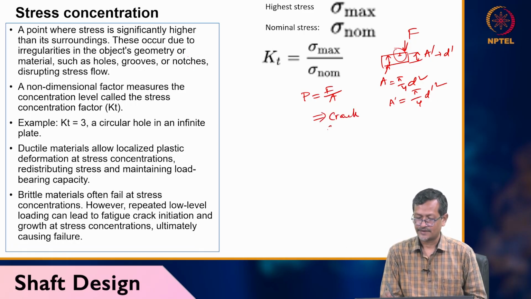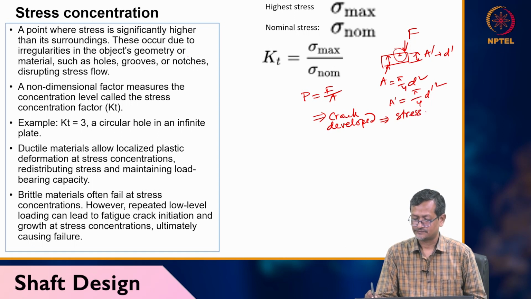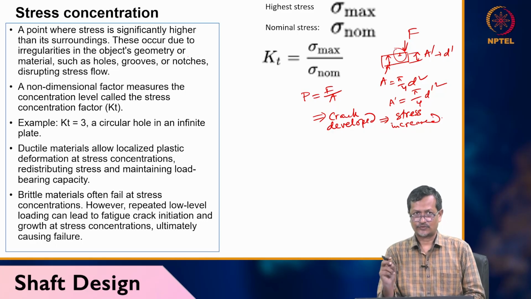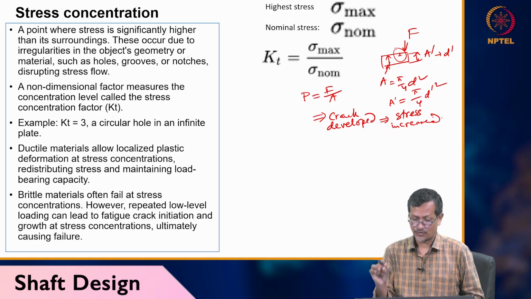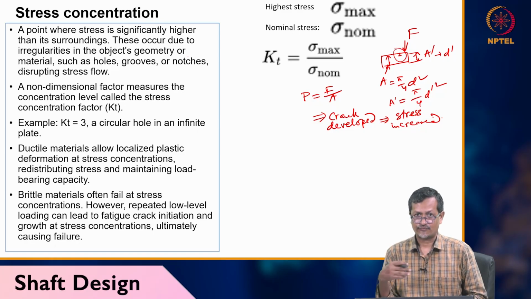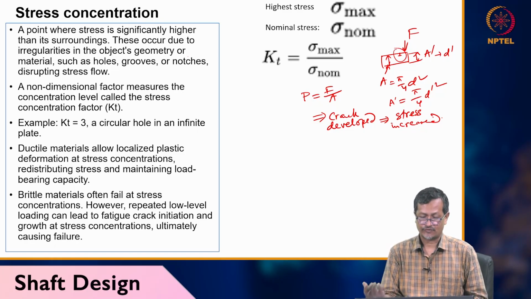So crack developed implies stress increased. Any micro crack will increase the stress level at a specific location, which will lead to further growth of the crack, and it will fail.